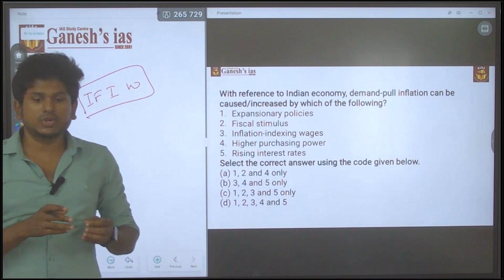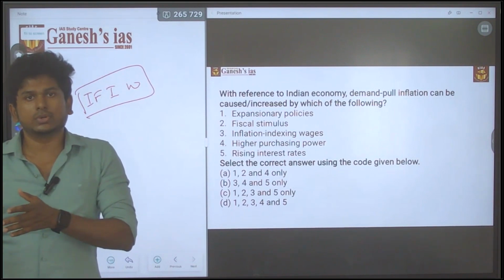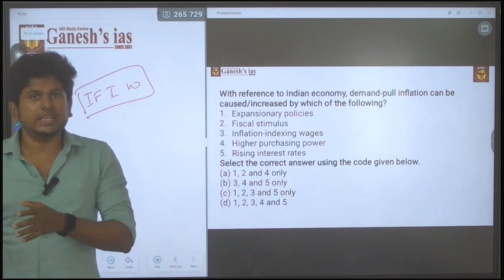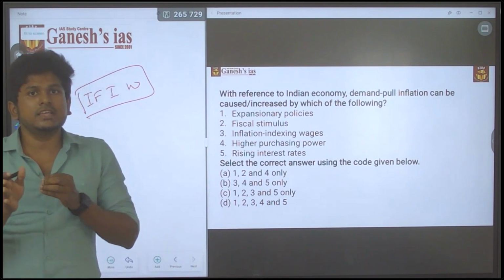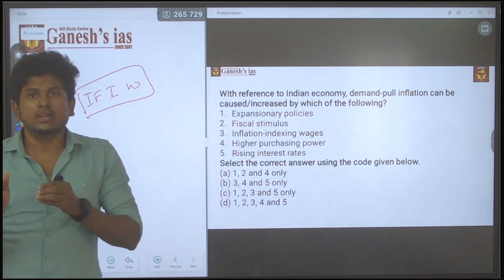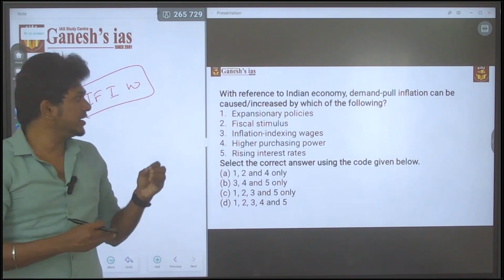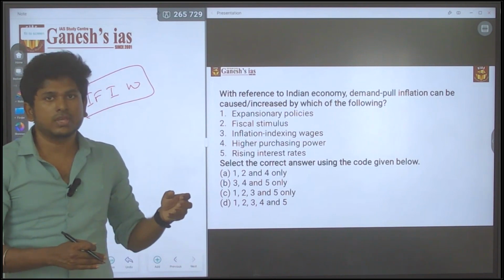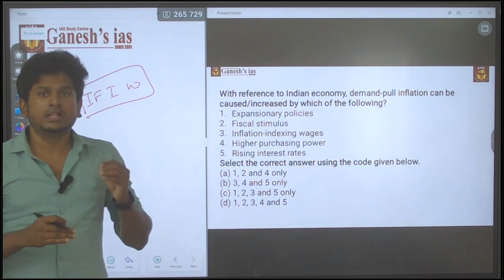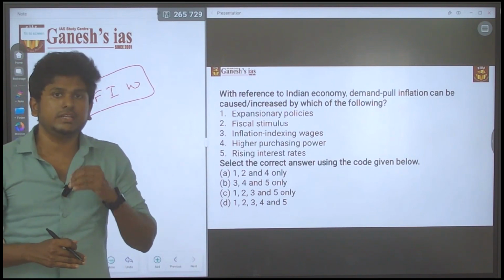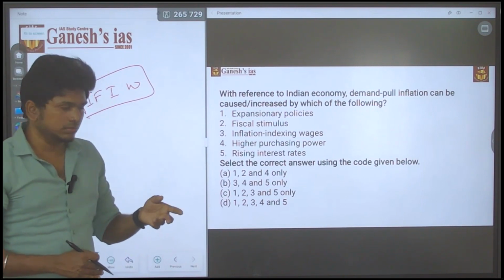It is actually to overcome the effects of inflation on employees' salaries, so that won't create any inflationary pressure in the market. They do this to manage the effects of inflation. That won't create any inflation in the market, so the third statement is wrong.